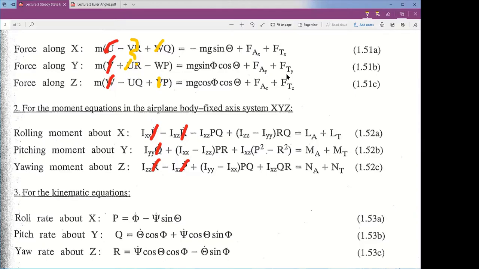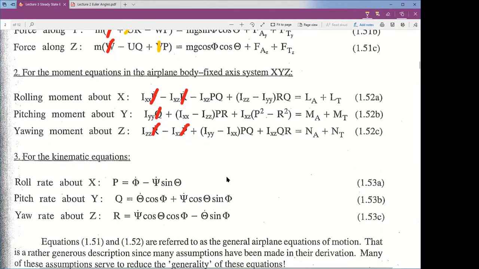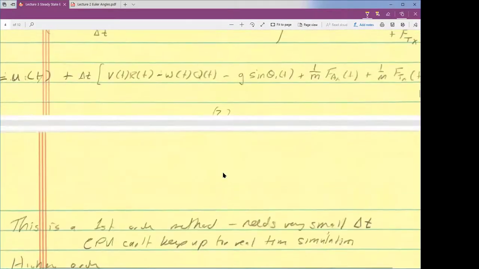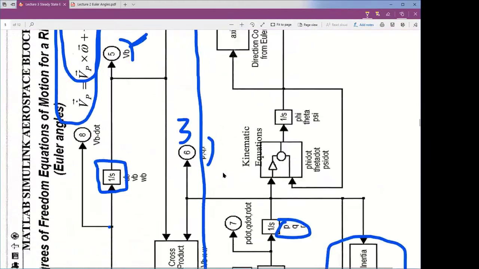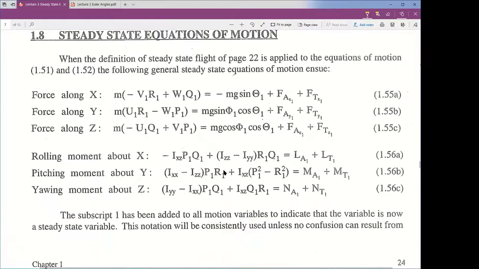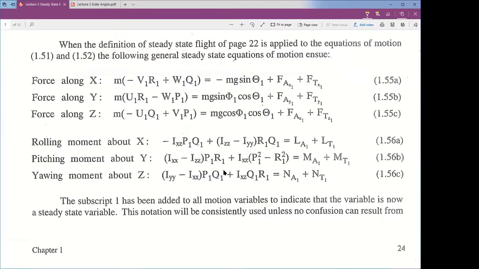So these are the steady state equations of motion. And they're summarized in your book. So these are equations 1.55 and 1.56 in your book. And these are the equations we'll use to analyze steady state flight, essentially trimming the airplane, right?